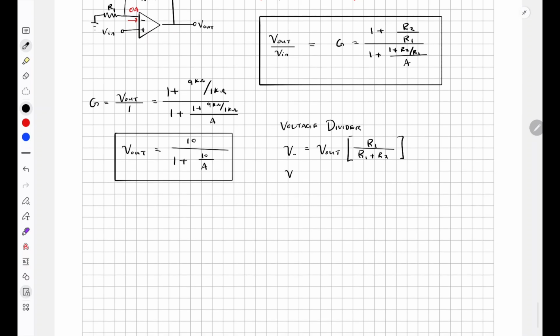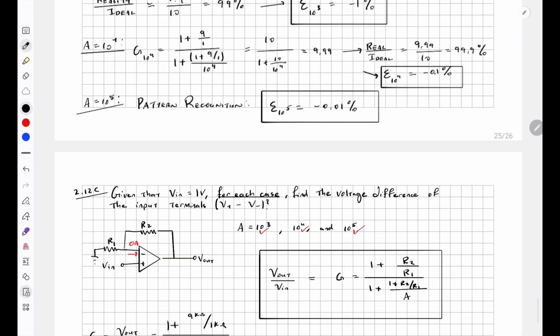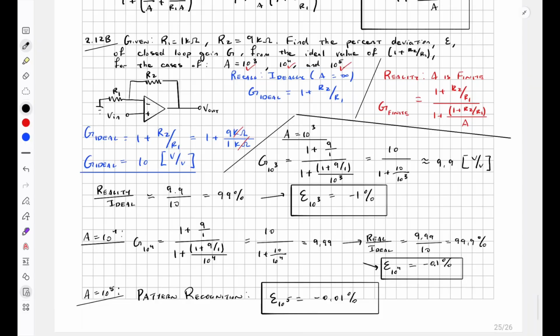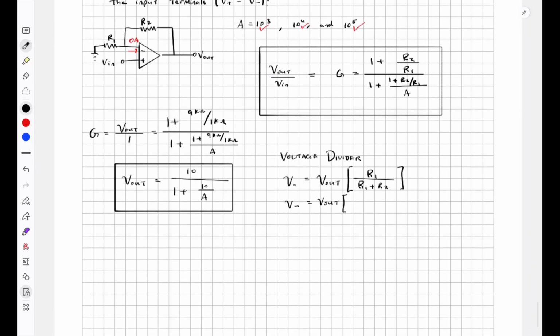Now let's plug in the resistor values, which were given in part B as 1 kilo ohms and 9 kilo ohms. So it becomes 1 kilo ohms divided by 1 kilo ohms plus 9 kilo ohms. Now we see V minus is equal to V out multiplied by, the kilo ohms cancel, so it's 1 divided by 10. I will save this equation.